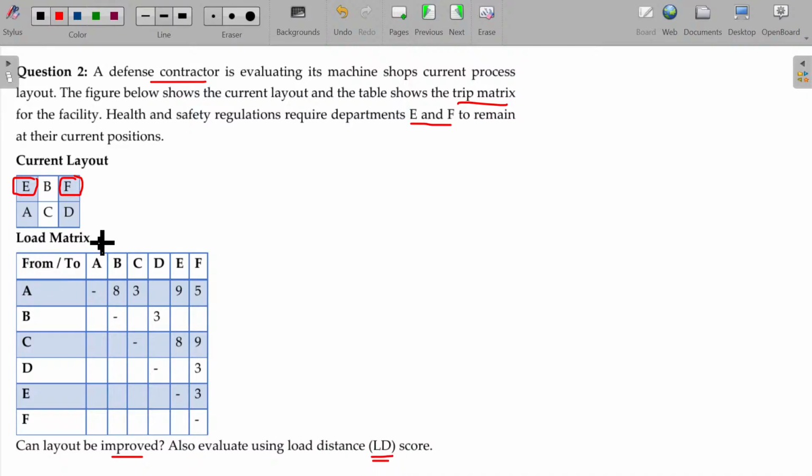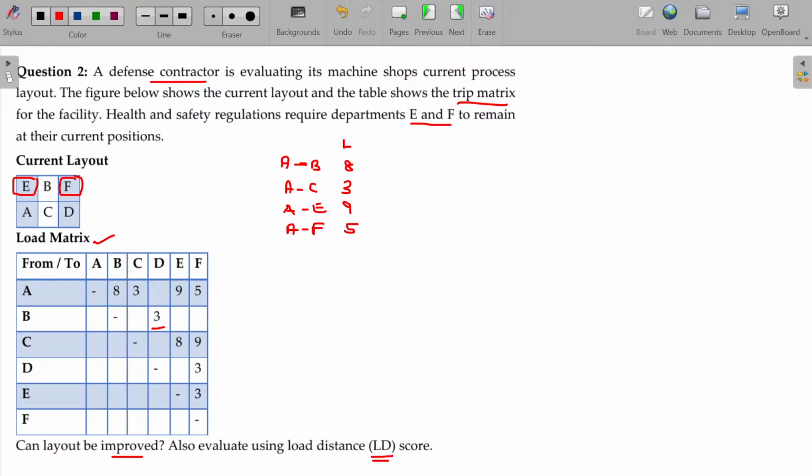Let's see. This is what about the load matrix given. A to B. What is the load here? 8. A to C, 3. Then A to E, 9. A to F, 5.